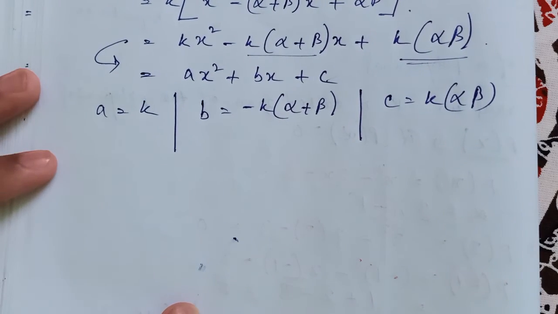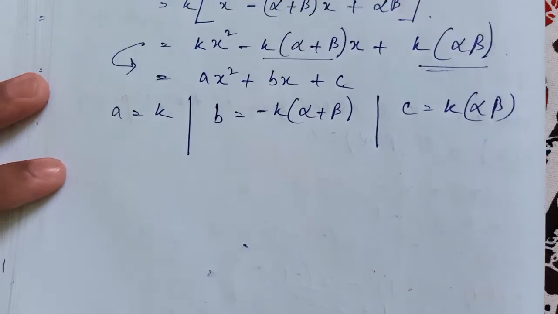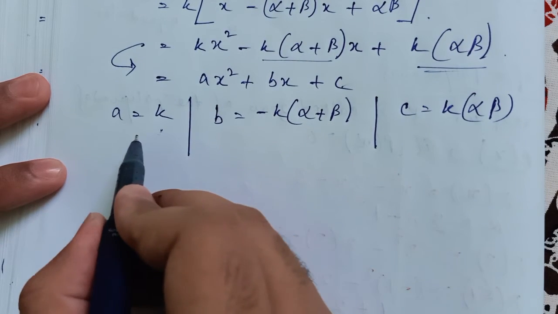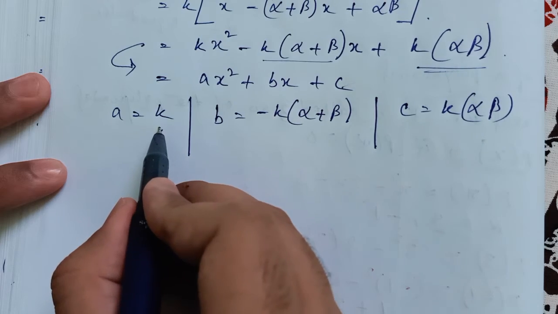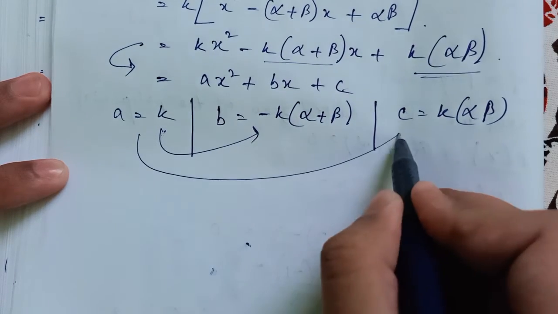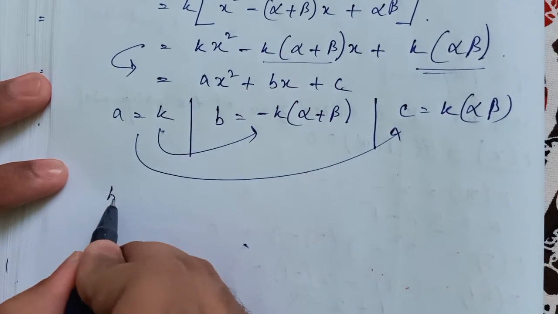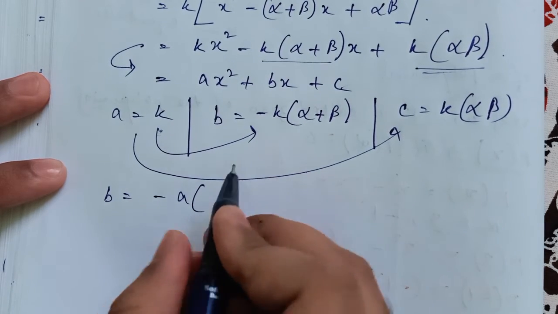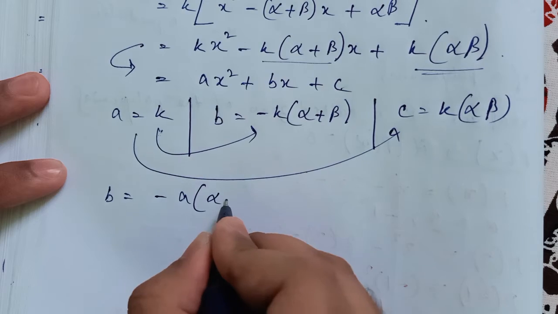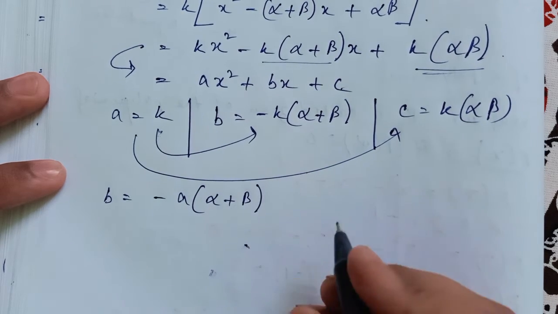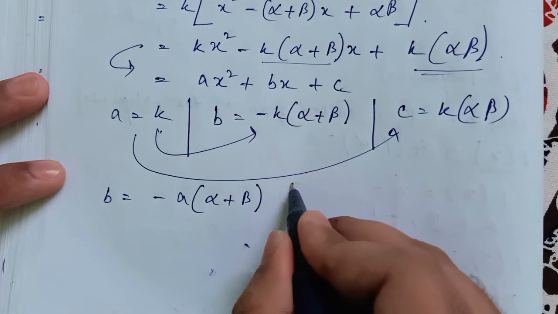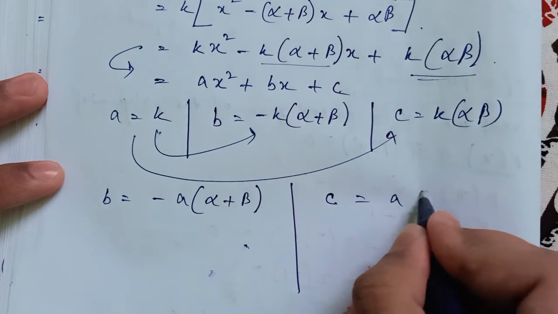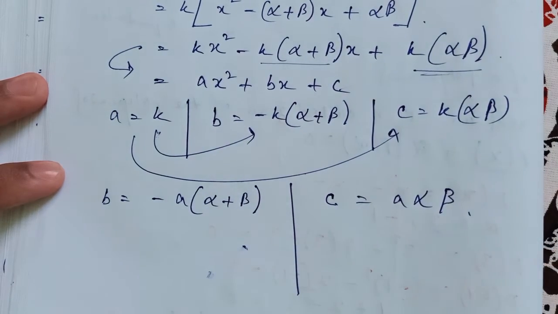Now see, the value of k is a, so we can substitute the value of k in both of these. We can write b equals a times (alpha plus beta), and c equals a alpha beta.